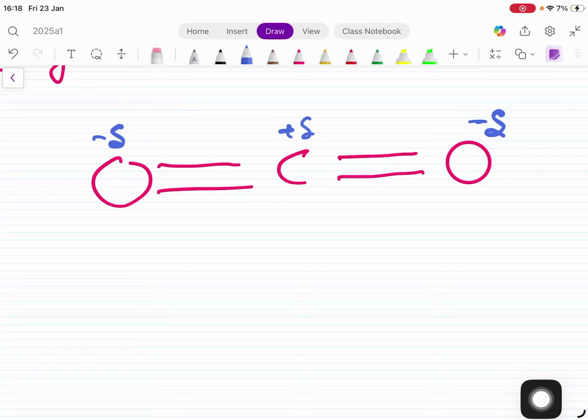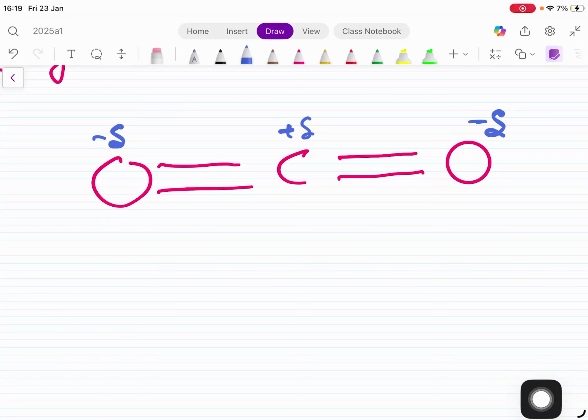Now, how would I decide whether this molecule is polar or non-polar? Because it has more than one polar bond. Listen carefully to what I'm going to say. You have to add up the bond polarities, or these poles of the molecule.